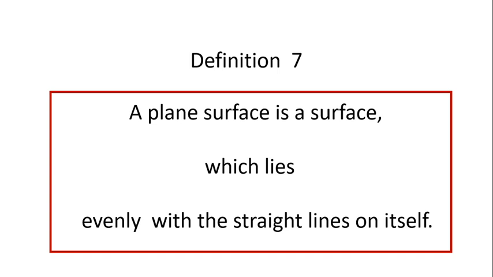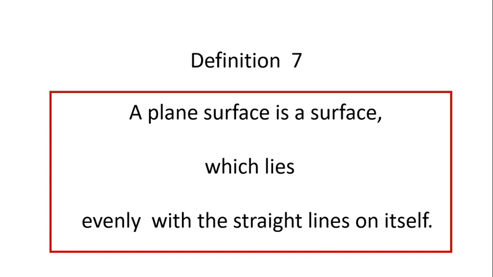A surface is called a plane surface if which lies evenly with the straight lines on itself. What do you mean by this? How to understand this, children? So look at this. Just listen to me.